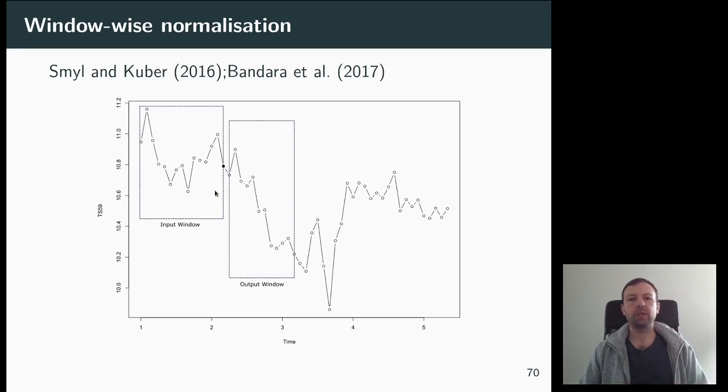In the original work, they would extract the trend with a decomposition method, and then they would divide this whole input window by the trend value of the last value in that input window.